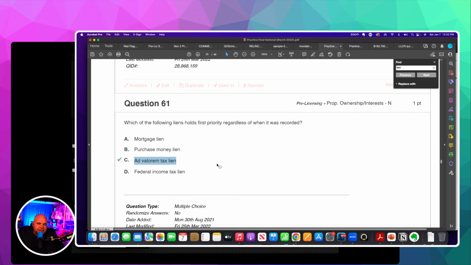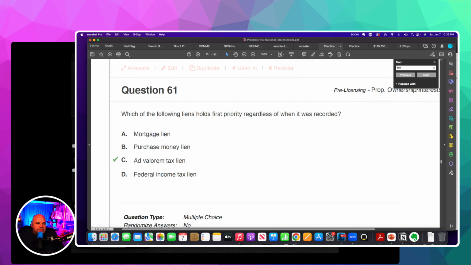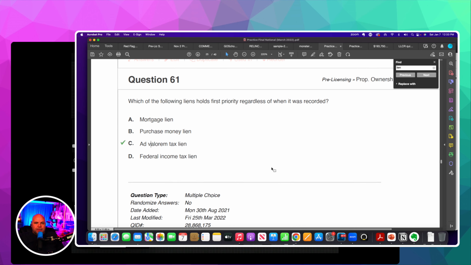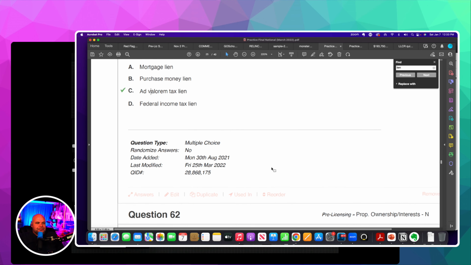Taxes are first. Special assessment by the government second. Yes, they're probably going to test you on that word, ad valorem. Then you'll probably never see it in your whole career because people call it property tax.